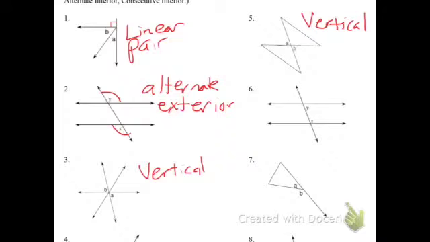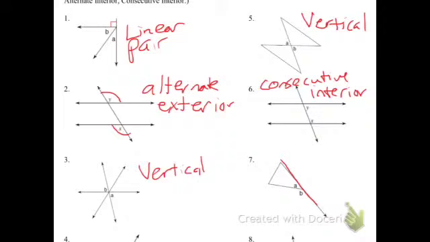Here on 6, these two angles, Y and Z, are on the same side of the transversal and in between the parallel lines. That makes them consecutive interior angles.